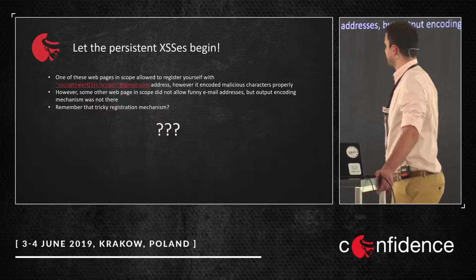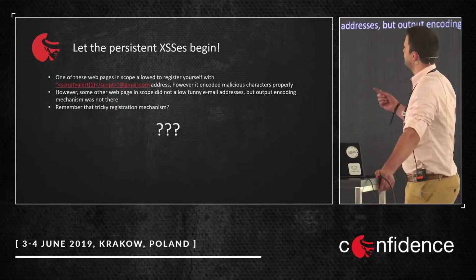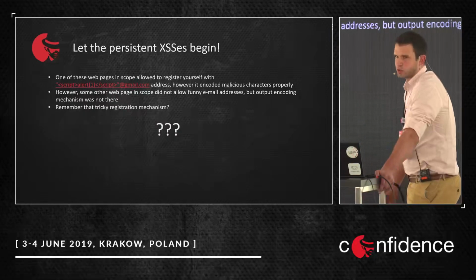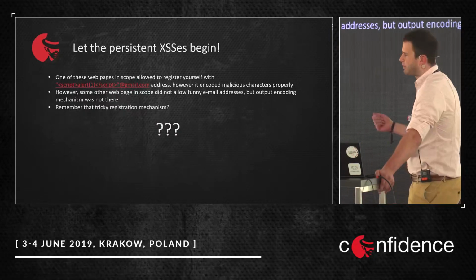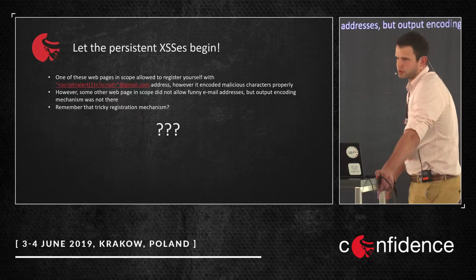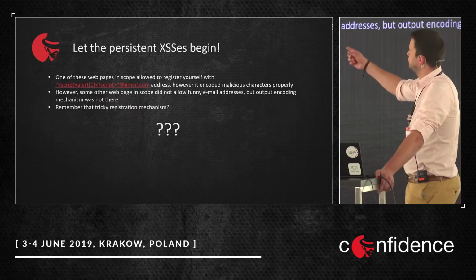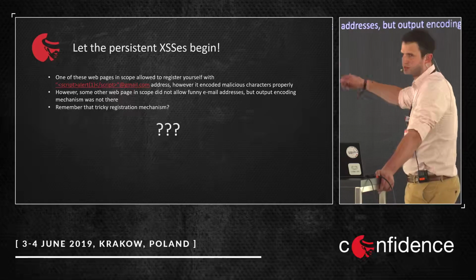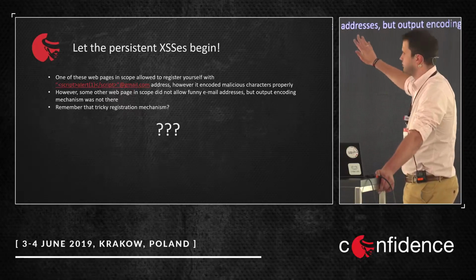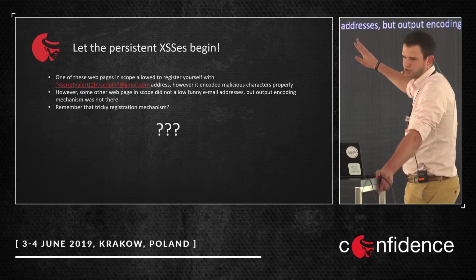Why? Because on one of these pages, you are actually able to register yourself with this kind of email address. Cool. The thing is that on some other web page, output encoding was not enabled. So you started the attack from one application just by putting the payload there. This application was protected from cross-site scripting.